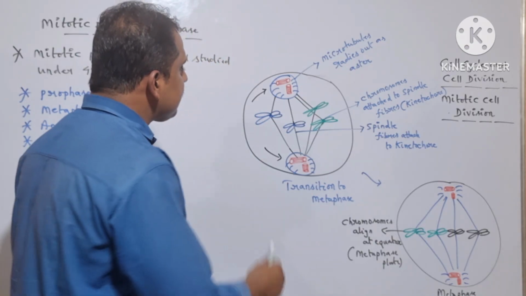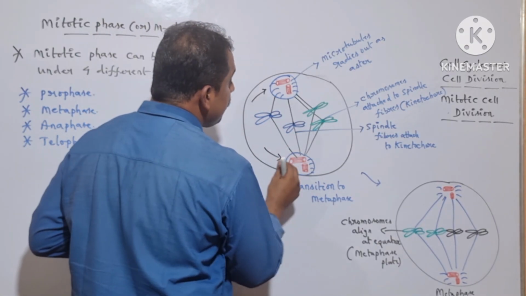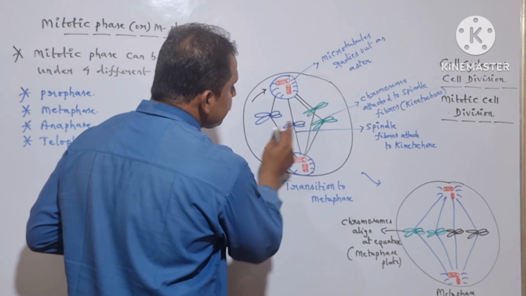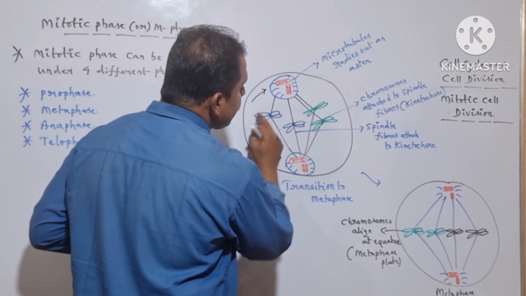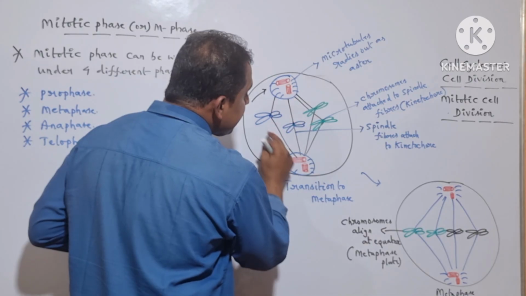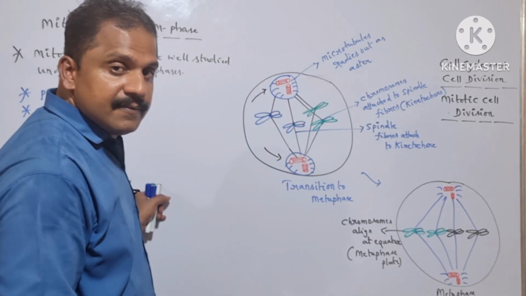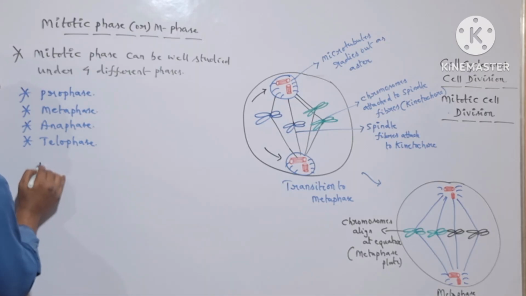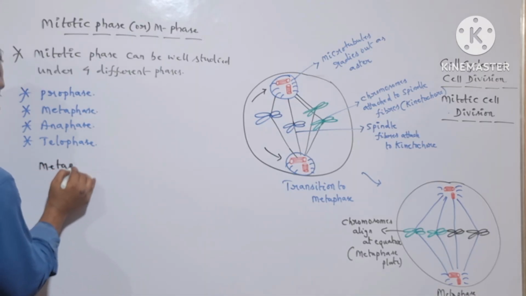Is it clear? Because of the disintegration of the nuclear envelope and the disappearance of various subcellular organelles, it is responsible for the successful spreading out of chromosomes throughout the cytoplasm of the biological cell. Is it clear? So let me write it here. Metaphase.